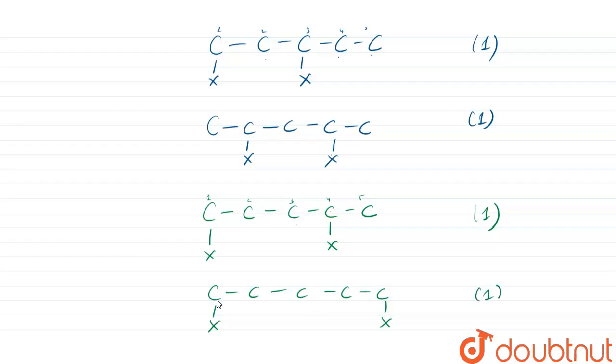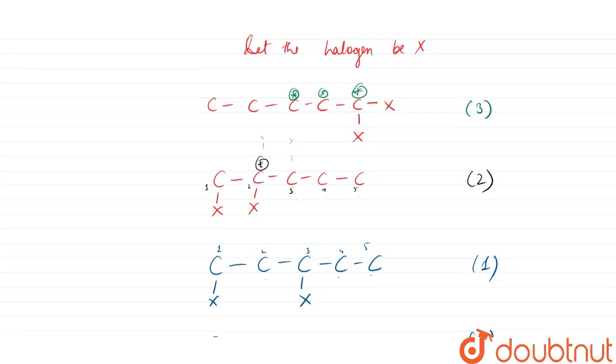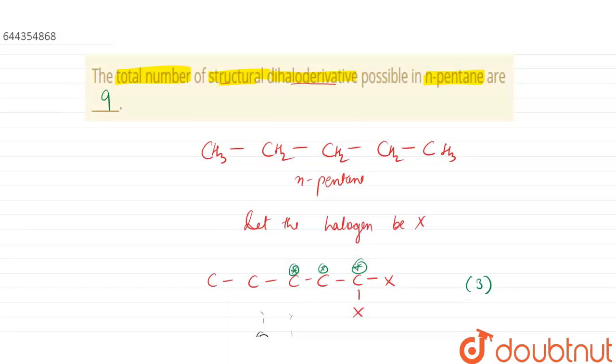So one more structure. So 1, 2, 3, 4, 5, 6, 7, 8, 9. So total 9 structural isomers are possible in dihaloderivative of n-pentane.